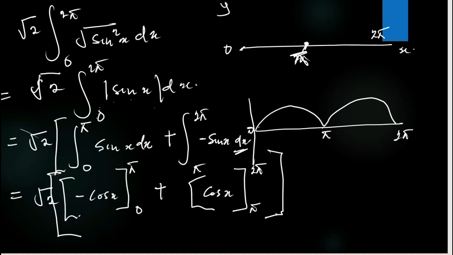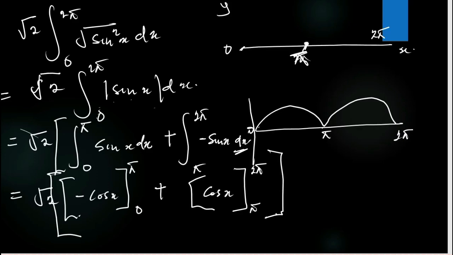So I'll have minus cos pi minus cos 0. Let me close it there. Then plus cos 2 pi minus cos pi.